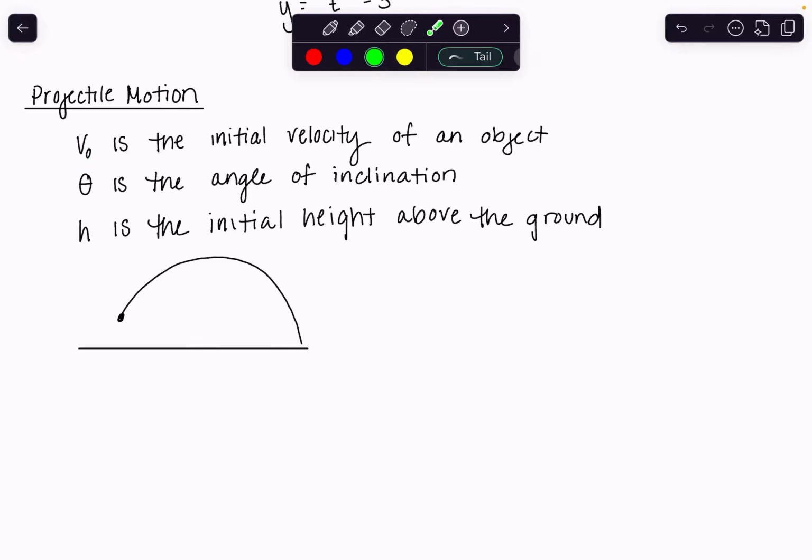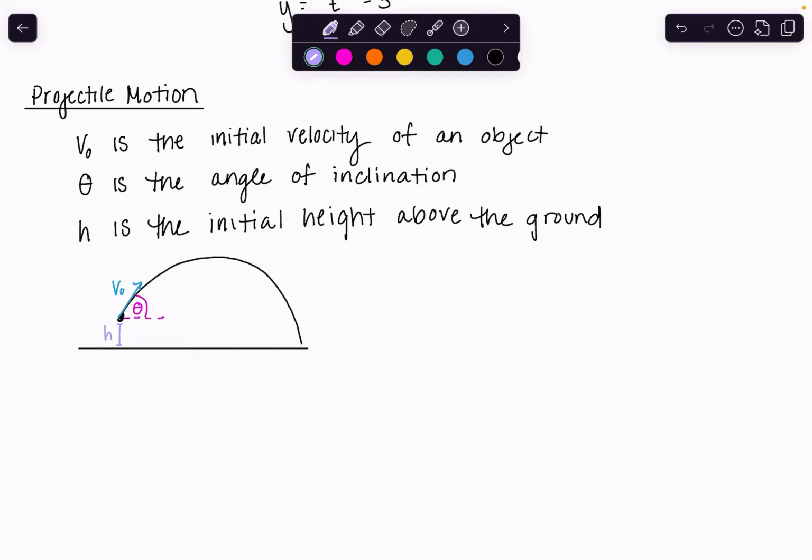V0 is the initial velocity, the strength that you throw this thing at. Theta is the angle of inclination. If you toss it up in the air, there is some theta that you throw this thing at, based on that initial velocity. And then the height is just how high you throw that off the ground.